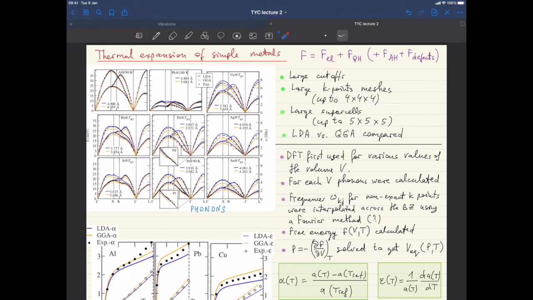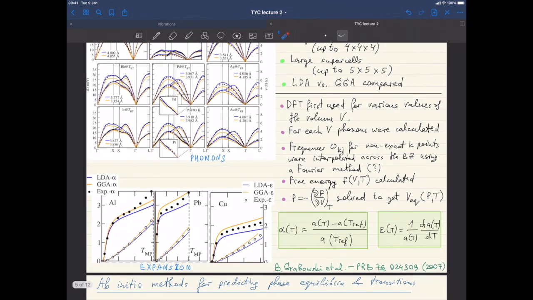The electronic contribution to the free energy was also considered. They performed a very careful analysis of the k-points convergence, took a very large supercell to account for more k-points of phonons in the Brillouin zone, and so on and so forth. And they calculated the thermal expansion for different systems, comparing different methods, which are shown here. And agreement with experiment, which is shown by dots here, is quite impressive.